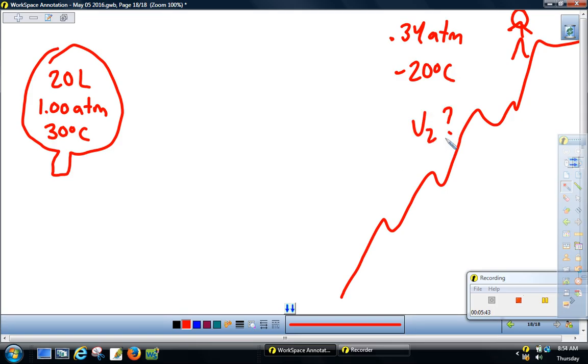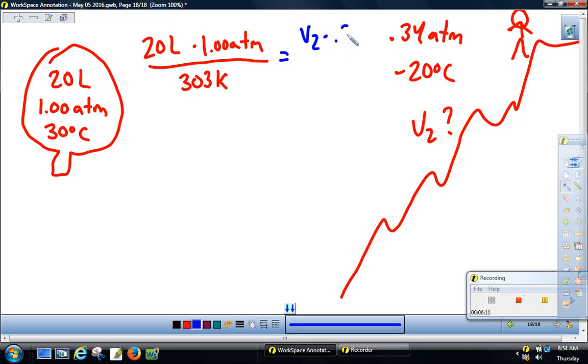So how big will your balloon be now? Alright, once again, pressures are in the same system, so we don't have to do that conversion. So we're going to take V1, 20 liters, times the initial pressure, 1 atm, and divide it by the initial temperature, 30 plus 273, which is 303. Final conditions, we're going to take V2 times 0.34 atm, and divide it by -20 plus 273, which is 253 Kelvin.